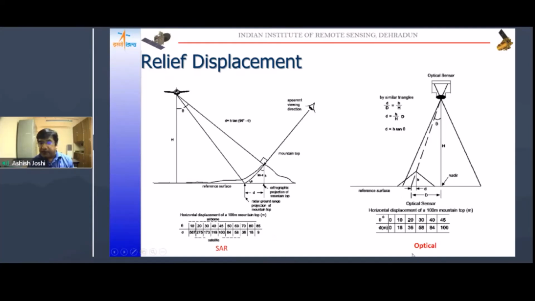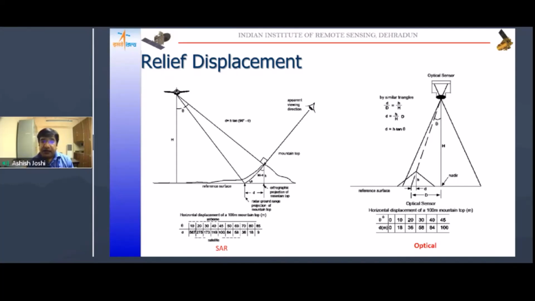The same formula: if we have the maximum angle of 45 degrees, it can go up to 100 meters. But for the SAR sensor, it can go to 500 meters. So relief displacement in SAR images is very high. Due to that, we have very large geometrical distortion.